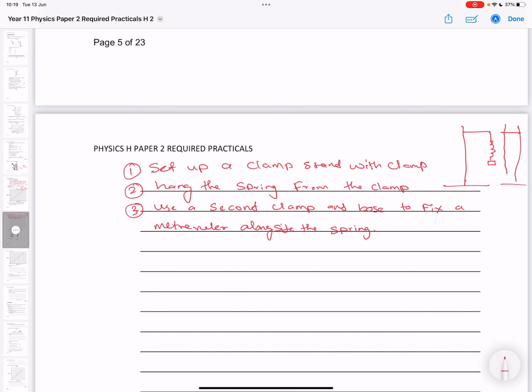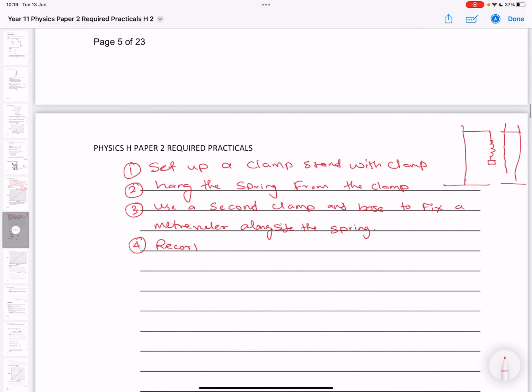And you need to establish where you're going to read the original length. So every time you read the length, you're going to read it from the bottom of the spring. So record the meter ruler reading that is level with the bottom of the spring.